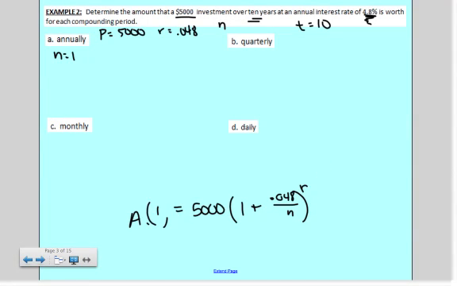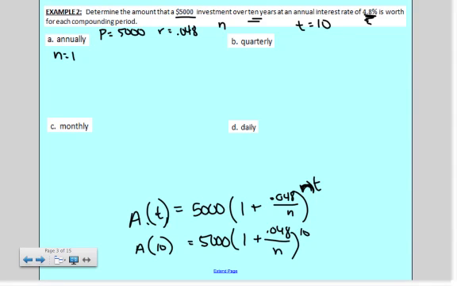I think we should leave this in terms of T and write this as NT. Since we know T is 10, the exponent is 10N. So A of 10 equals 5,000 times 1 plus 0.048 divided by N, to the 10N.